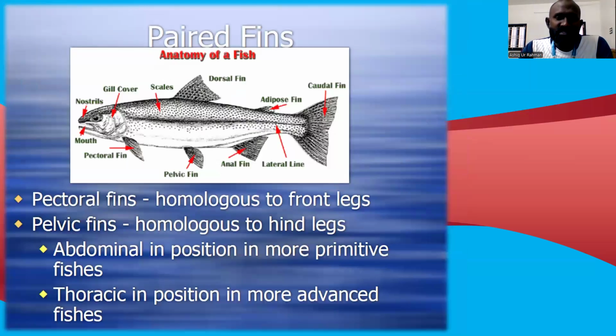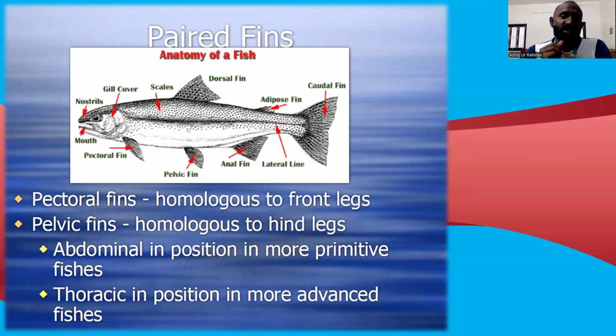And as I said, some of the fins are paired fins, and the other fins are unpaired fins. Let's take pectoral fins. Pectoral fins are like our front limbs or forelimbs. Let's say we have a pair of hands. It functions in a similar way. It is homologous.